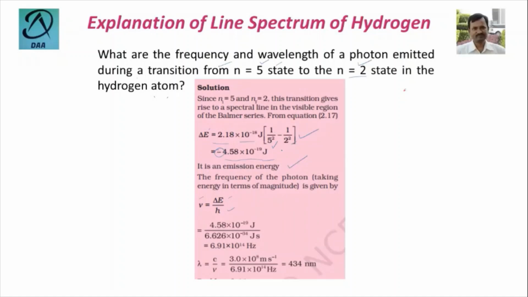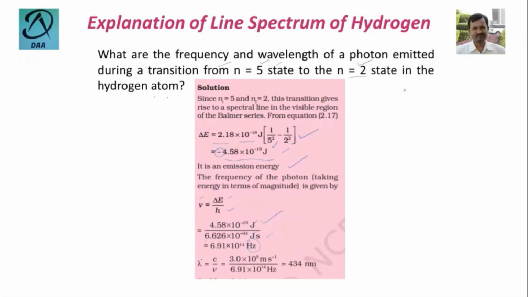Delta E now we know is 4.58 multiplied by 10 to the power minus 19 joule, and Planck constant we have to remember always, 6.626 multiplied by 10 to the power minus 34 joule second. So ultimately, if you calculate this value, joule divided by joule second gives second inverse, and second inverse is called hertz.